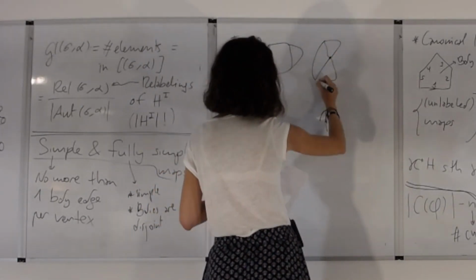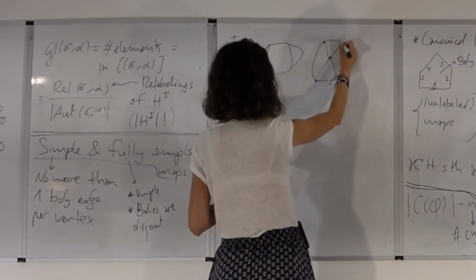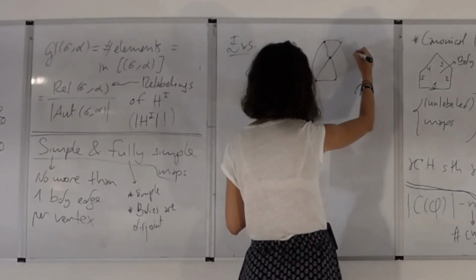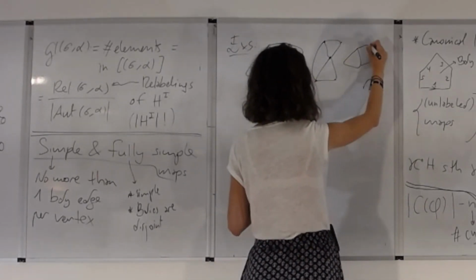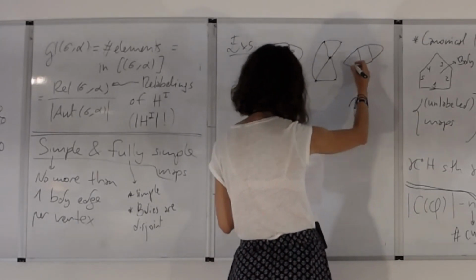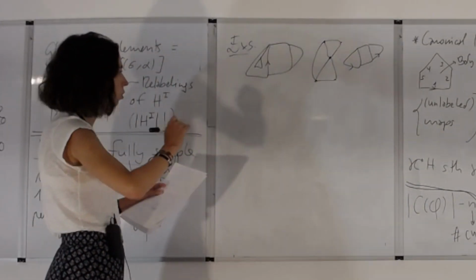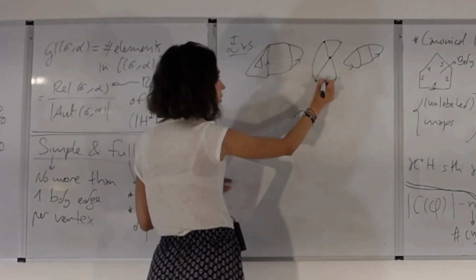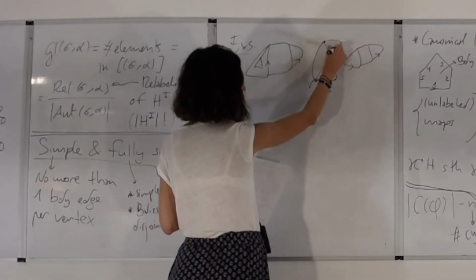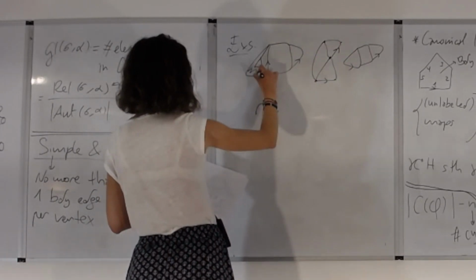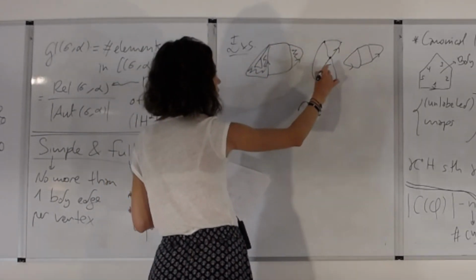I'm just drawing three different maps embedded on the plane, on the whiteboard. They are all planar, but I want them all to have two boundaries, so they are all cylinders, of topology (0, 2). These are the boundaries, the ones that I'm painting now.